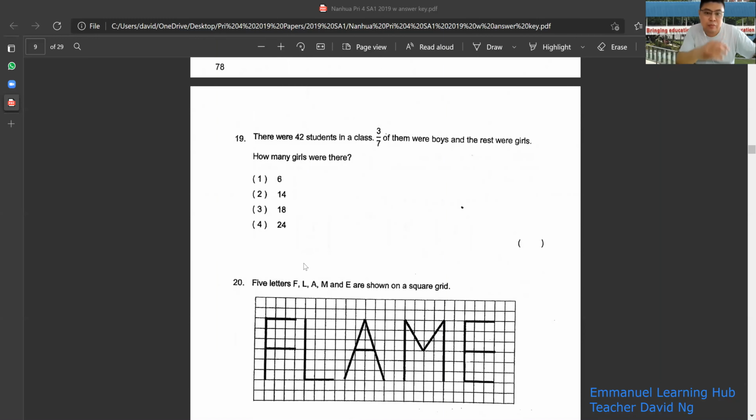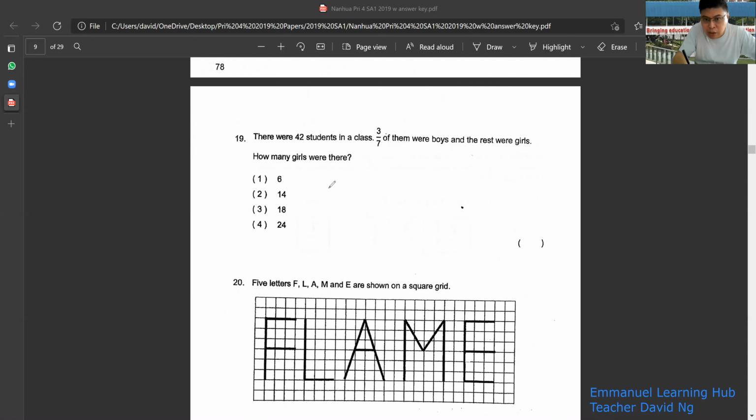Number 19. Can you tell me what is the fraction that are girls? 3 over 7. Wrong. Try again. You think carefully. 1 whole means what? 42 over 42.